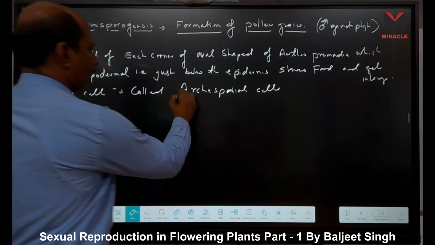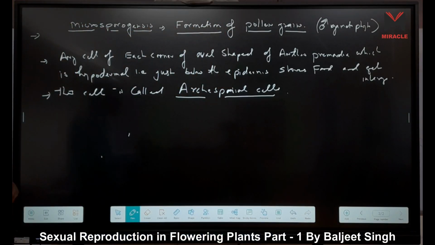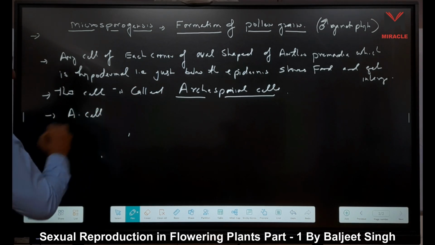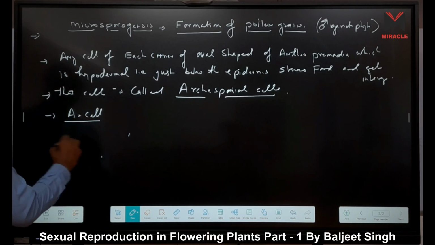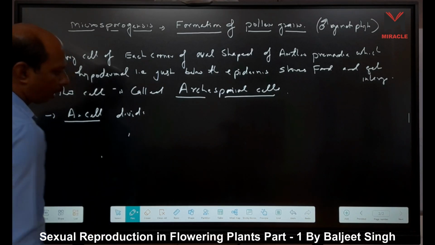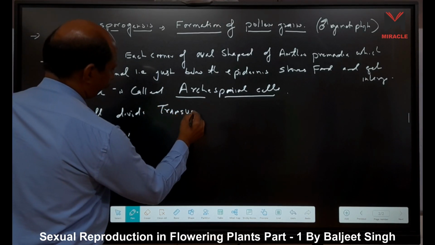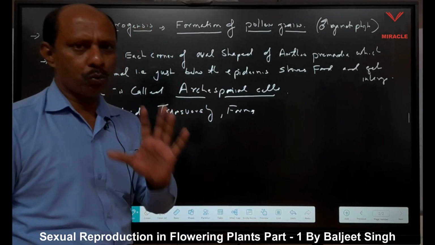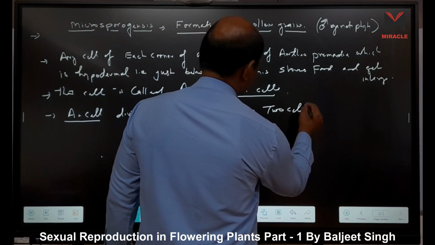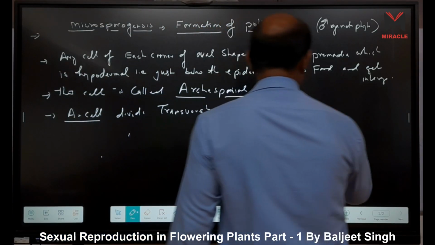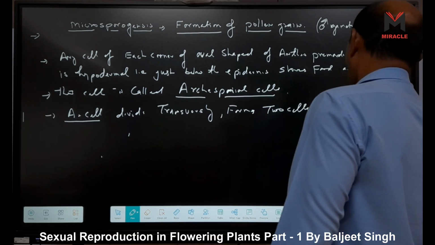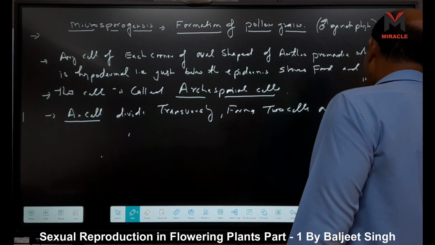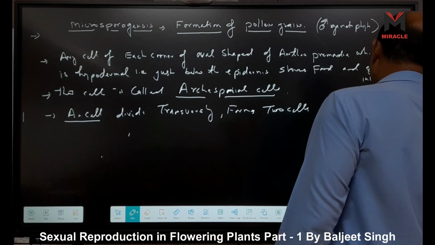Now, this archesporial cell is the first cell. We can say it is the primordial cell or archesporial cell. A means what? Archesporial cell. It divides transversely and forms how many cells? 2 cells are formed. Outer means toward the epidermis, and it is called the parietal cell.